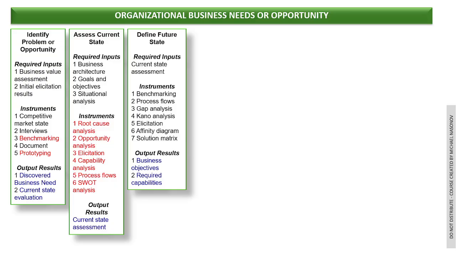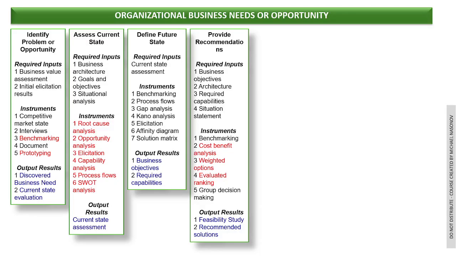Root cause analysis, how to achieve customer satisfaction. Elicitation, continuous, you always elicit continuously. Affinity diagram and solution matrix. As a business analyst, you start creating your solution matrix. Output results: business objectives and required capabilities.